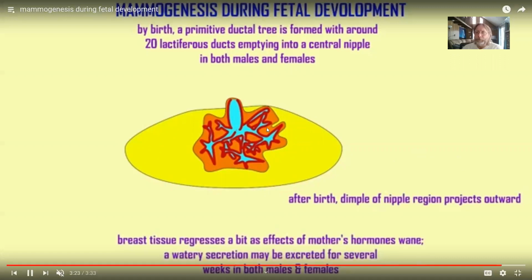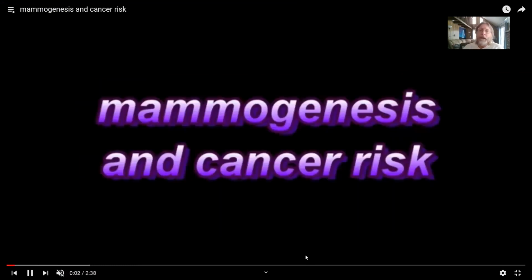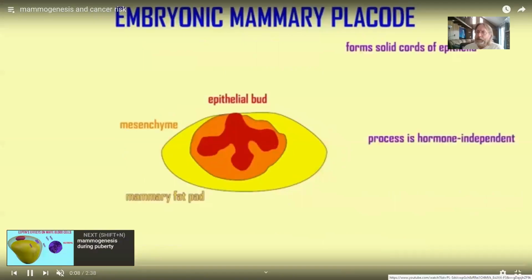Whereas there's development during the fetal stages, but once an infant is born, mammary glands aren't done. And when I say infant, obviously both men and women have mammary glands, while they are typically inactive in males.